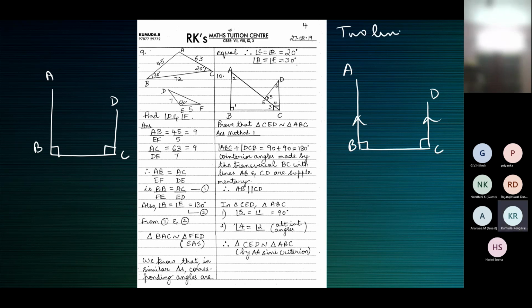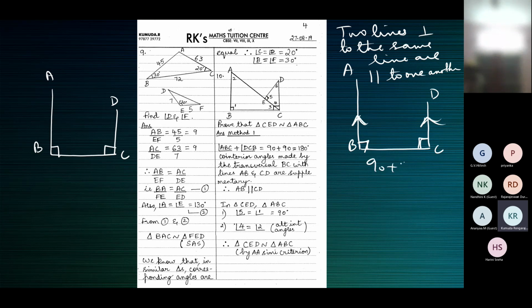Two lines perpendicular to the same line are parallel to one another. So that way we have AB parallel to DC. Or you can also say this is 90, this is 90. So 90 plus 90 is 180. Co-interior angles are supplementary. That means AB is parallel to DC.